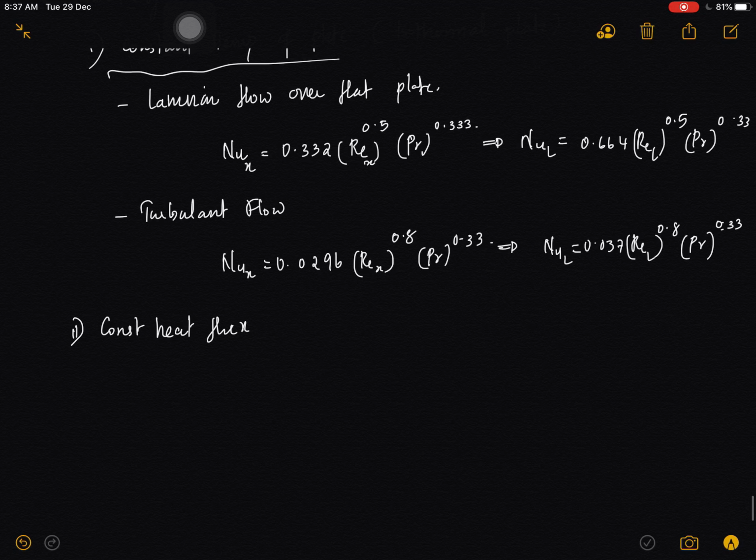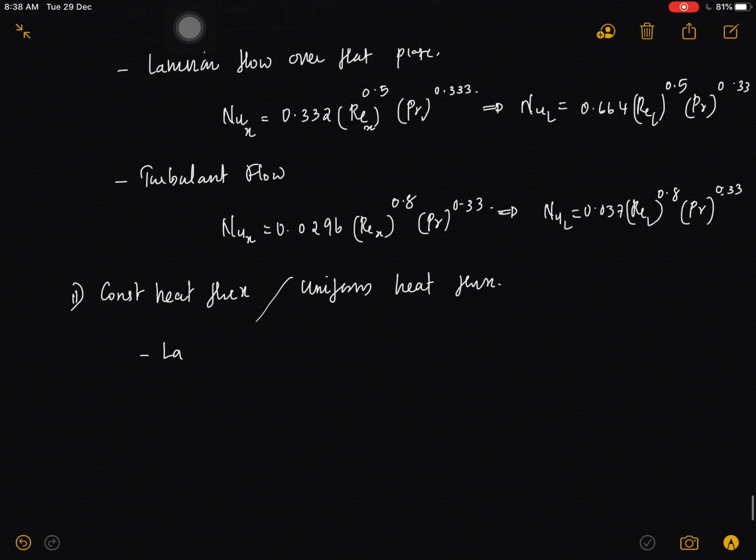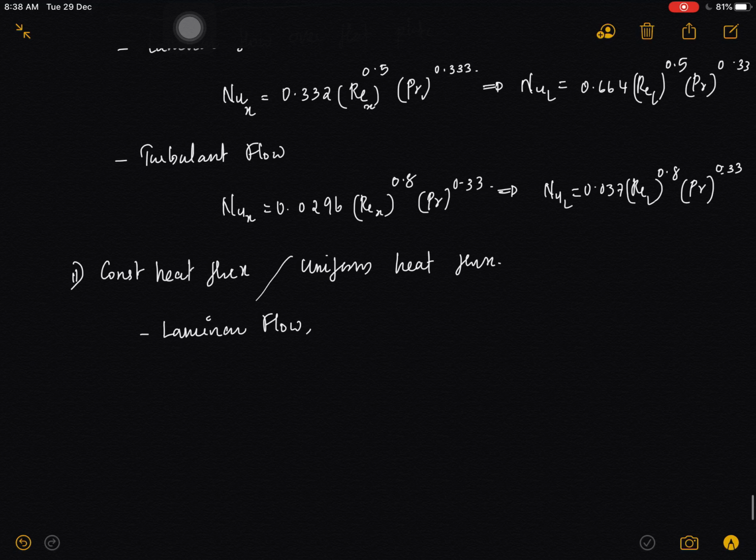The second boundary condition is constant heat flux boundary condition, or we can write uniform heat flux boundary condition. For that case, if we are provided with some laminar flow, we can write the Nux value as Nux equal to 0.453 into Reynolds number raised to 0.5 into Prandtl number raised to 0.33.